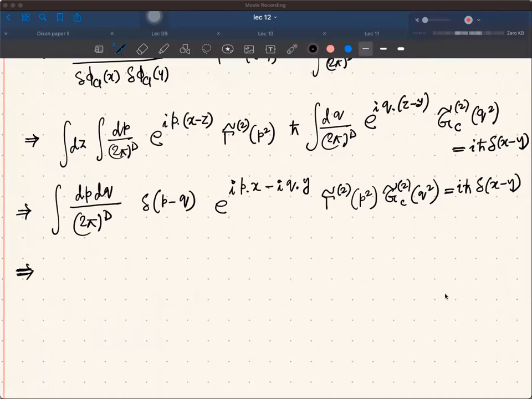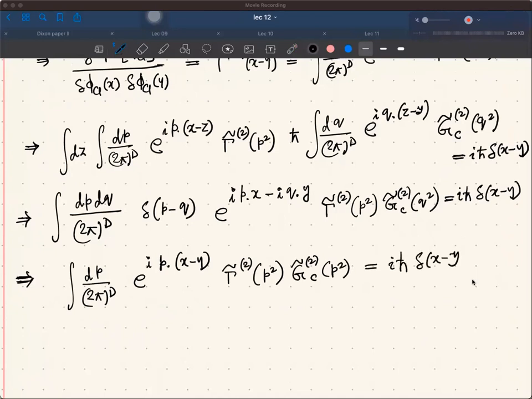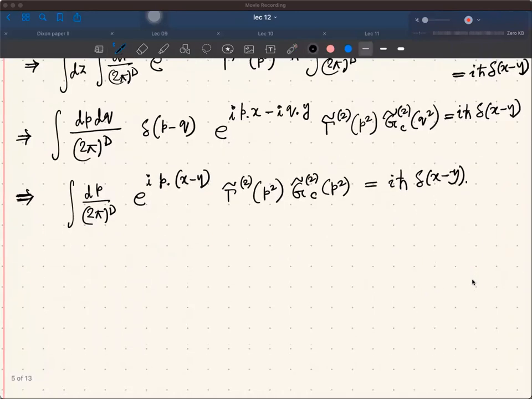And then you perform the integral of q, which gives you integral dp over (2π)^d, e^{ip·(x−y)} γ̃₂(p²) G̃_c(p²) equal to iħ δ(x−y), right?